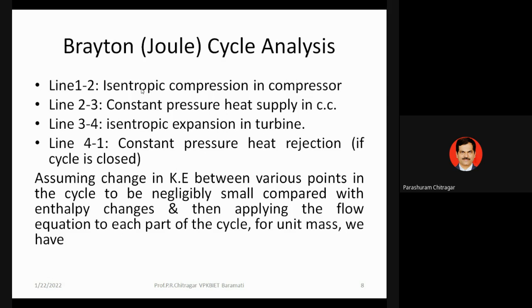So obviously there will be friction between air and mechanical parts, pistons, and you are not able to avoid any friction in the compressor. Even in the turbine you are not able to avoid any friction.